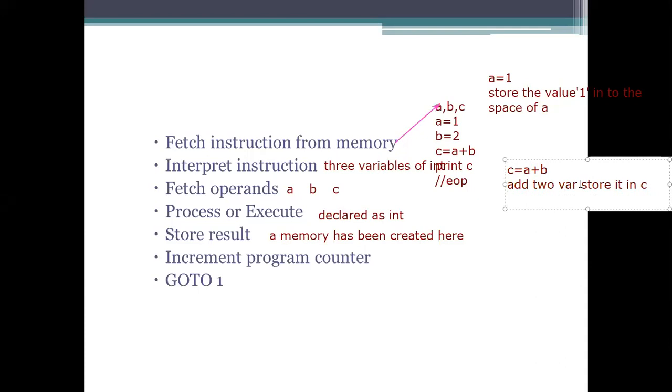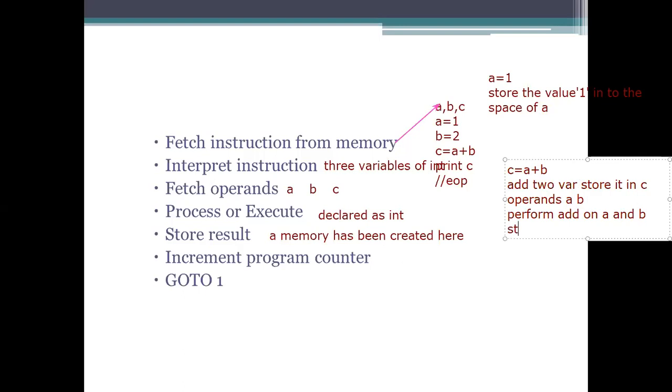After that, we need to perform the operation. To perform the operation, I need to fetch the operands here. So what are the operands I have here? A and B. I need to process. Process means perform add on A and B. That's all.